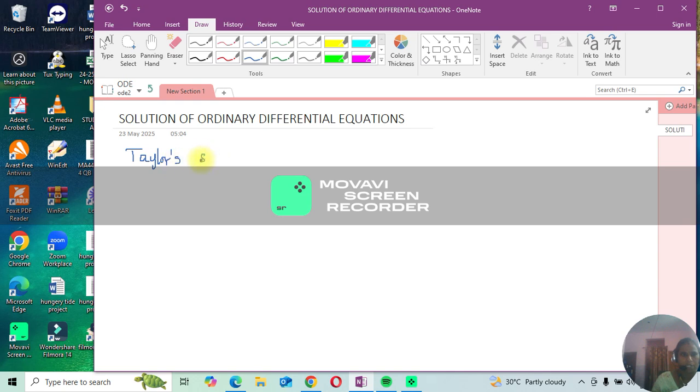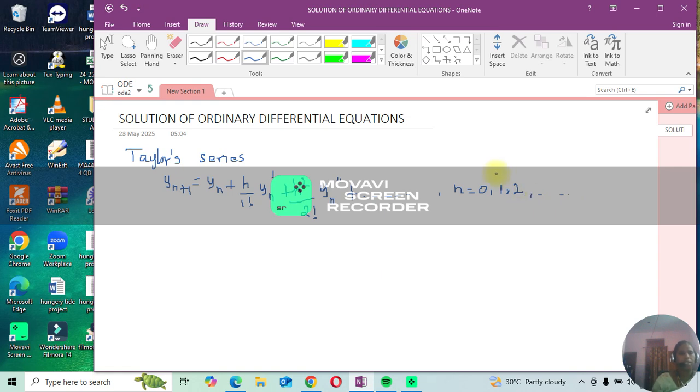So in the Taylor series method, we have the formula y(n+1) is equal to y(n) plus h by 1 factorial y(n) dash, plus h square by 2 factorial y(n) double dash, plus h cube by 3 factorial y(n) triple dash, and so on, where n starts from 0, 1, 2 and so on.